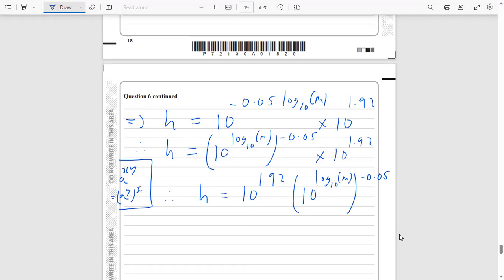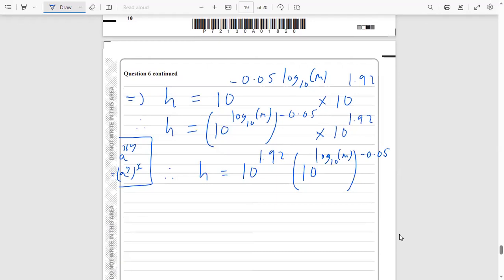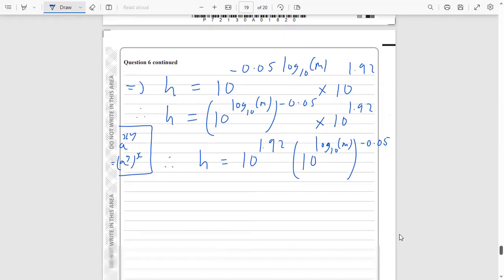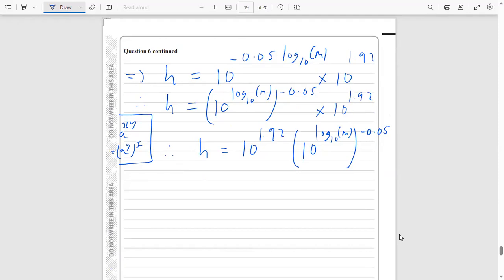So remember, again, we've got this base of 10 here to the power of log base 10 of m. So raising a number to a power of 10 is the inverse of log base 10. So what we actually get now is h equals 1.92, and then again the base of 10 and the log with base 10 cancel out because they're inverse functions.